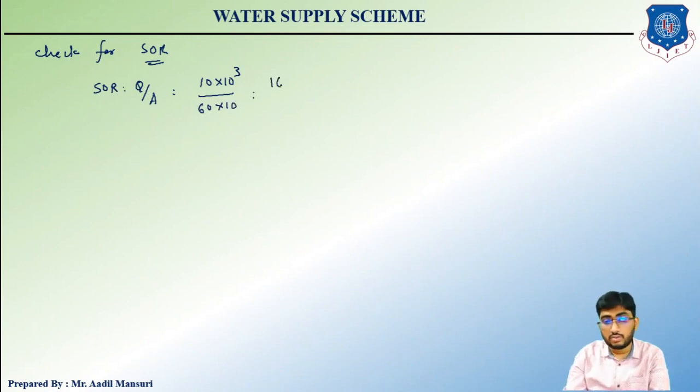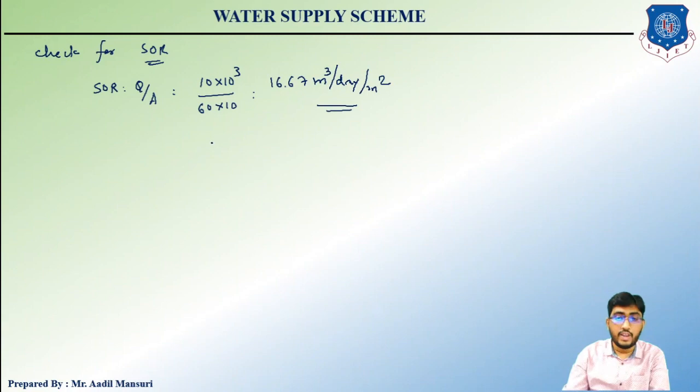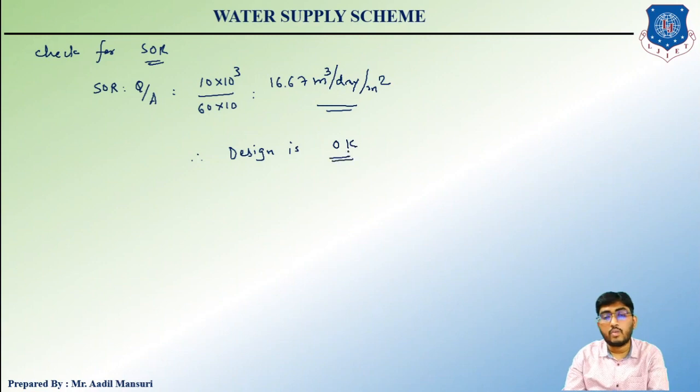So this will be equal to 16.67 meter cube per day per meter square. Therefore, the design is okay. Fine. So this is how the sedimentation tank for a water treatment plant is designed, right? So we will study some new topics in the next video.